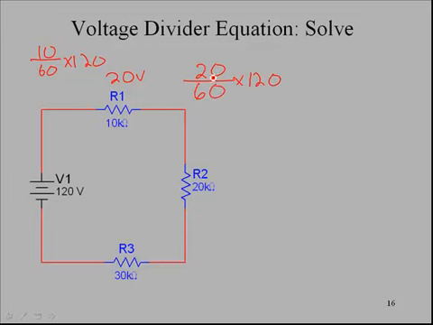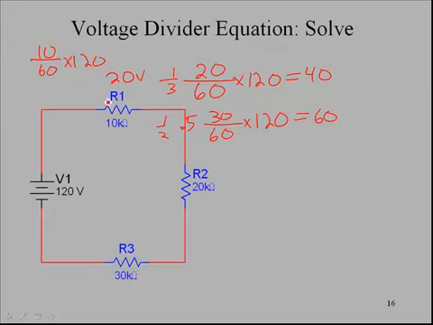Again this looks like 2 over 6, which is about 1/3, and 1/3 times 120 would be about 40. Then we have the final one, R3, 30 over the total resistance of 60K times 120. That's 1/2, or 0.5, so it's going to be half of 120, which is about 60 volts.